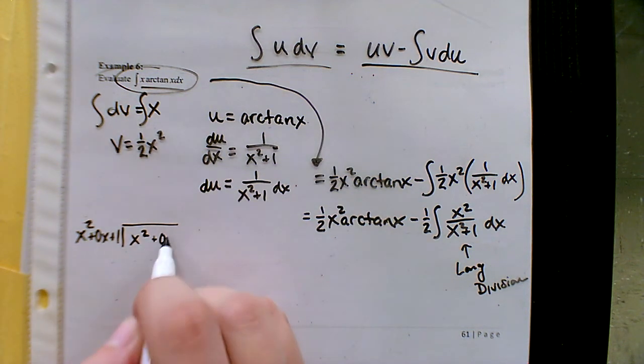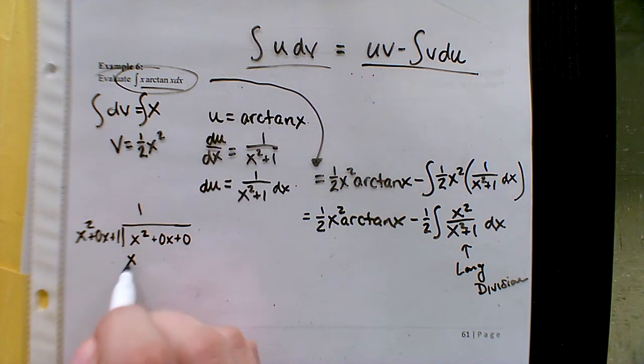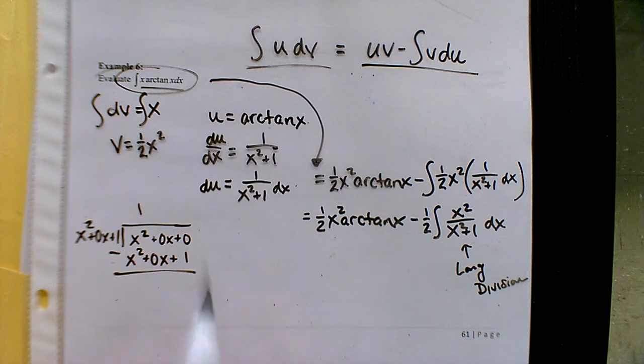Maybe we can fill in some of those 0 terms for the other one. So what do you have to multiply x squared by to get x squared? 1. So we're left with x squared plus 0x plus 1, subtract, gone, gone. Remainder is -1.